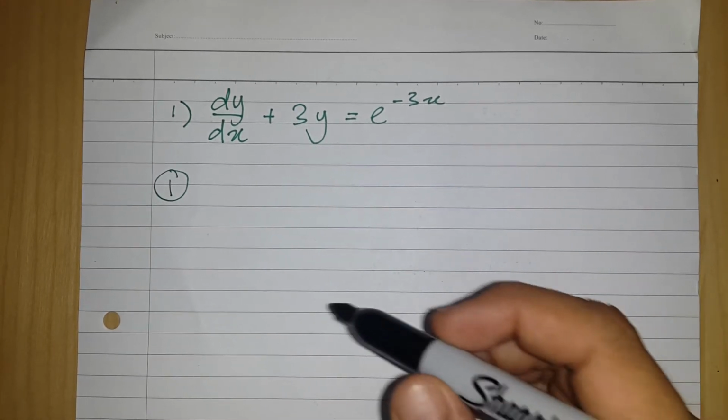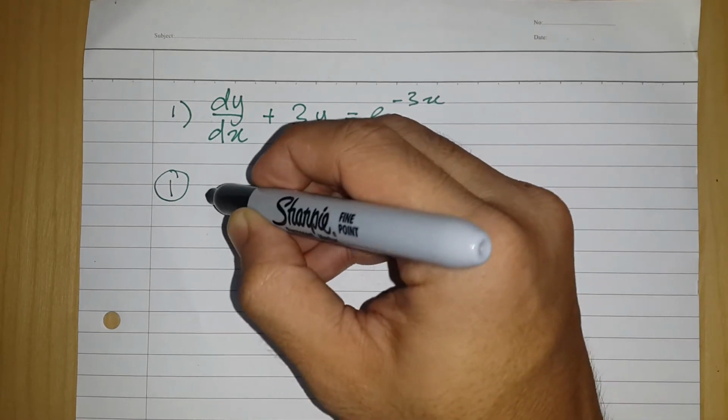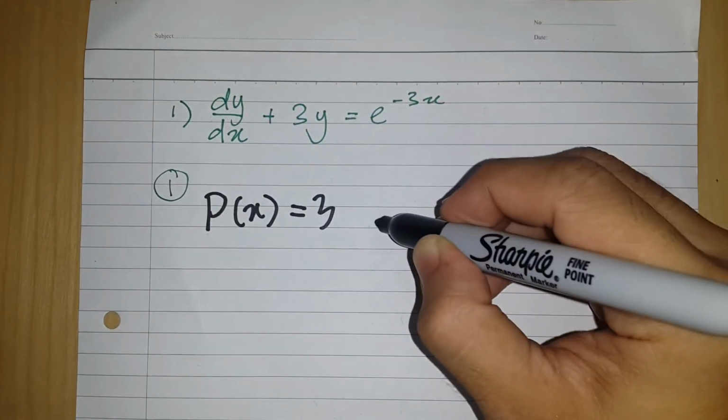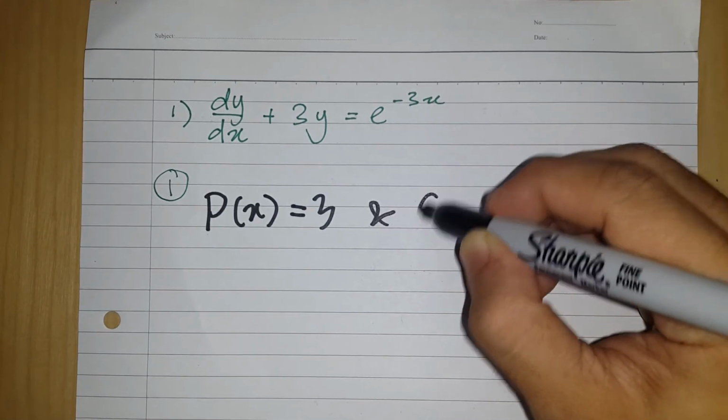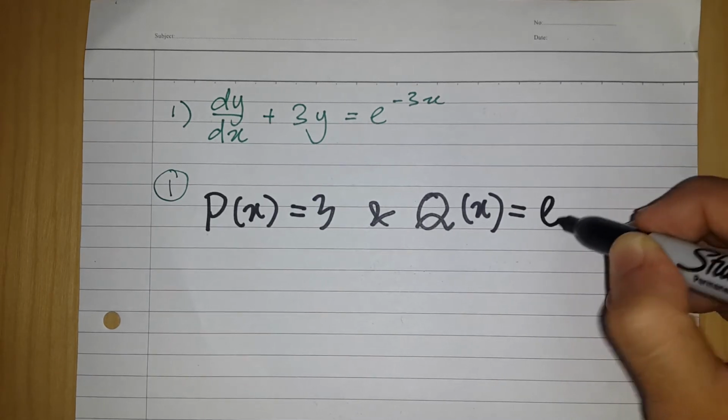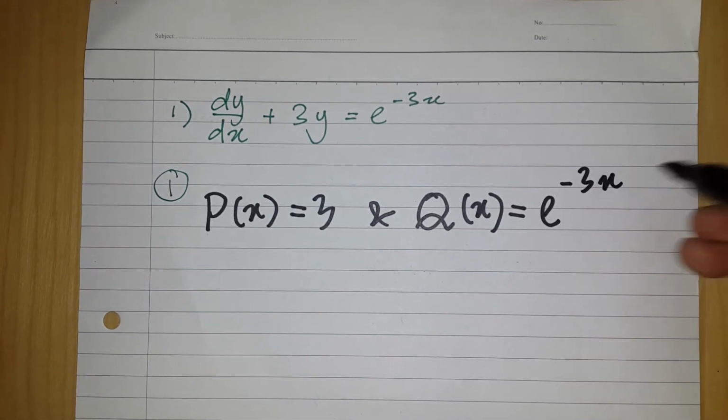So we can straight away take out 3 as our P(x), and Q(x) equals e to the negative 3x.